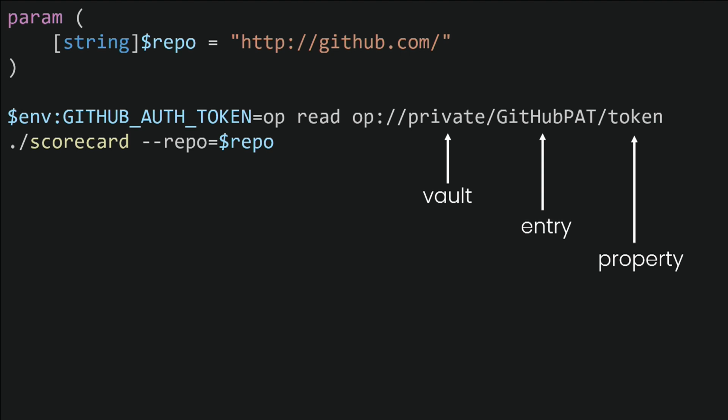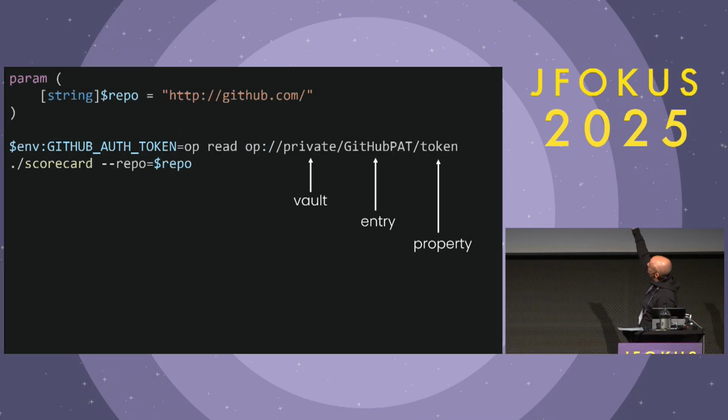This is a script that I'm using to run the OpenSSF Scorecard against different types of repositories. I'm passing in a repository, and it's going to run the CLI for 1Password to read the personal access token for GitHub to be used by that command. Meaning I can commit this script to any source tree because there are no secrets in this. Maybe the path, the vault and the entry and the properties is somewhat secret, but then again, not that hard to understand.